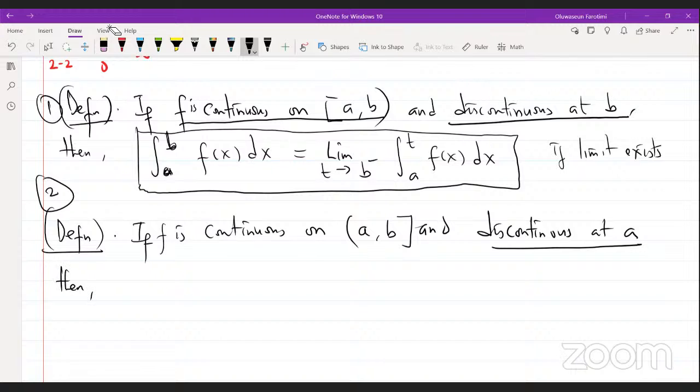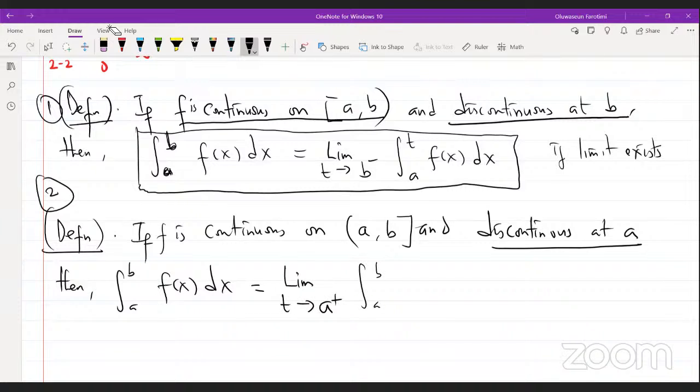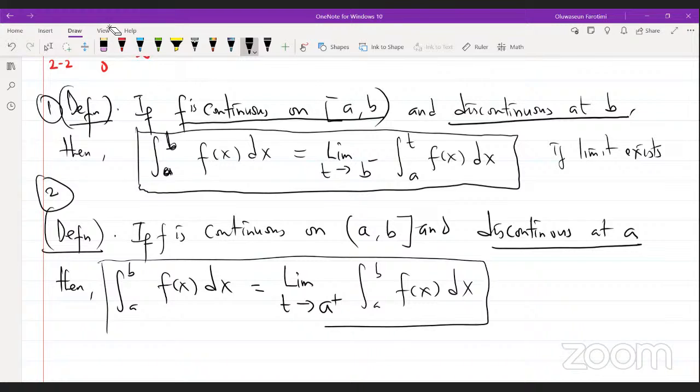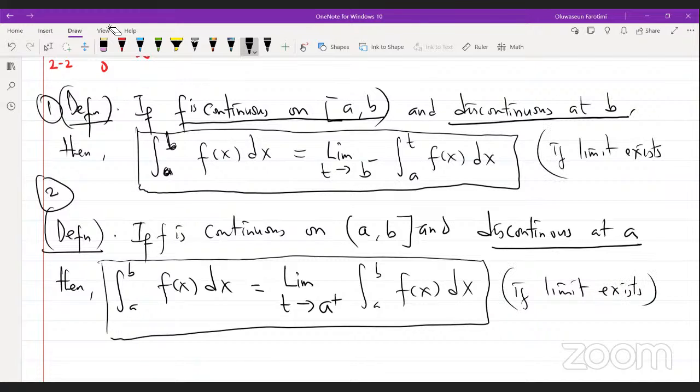Then how do we write this? The integral from a to b of f of x dx is going to be the limit as t approaches a from the right of the integral from t to b of f of x dx, of course provided the limit exists. So you have to be mindful of the notation at this point, guys.